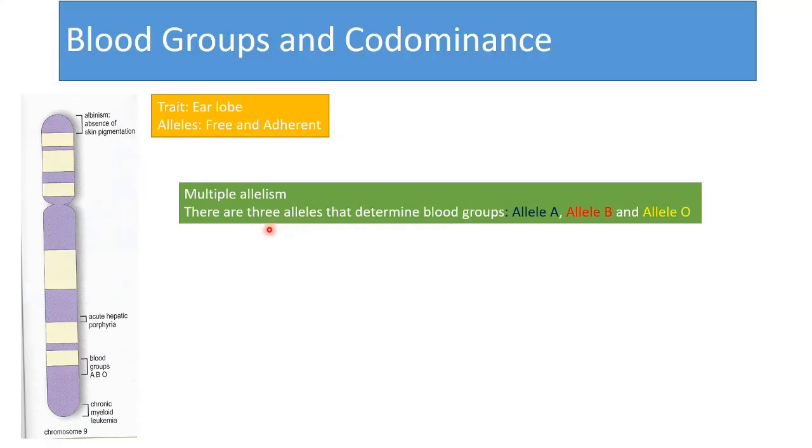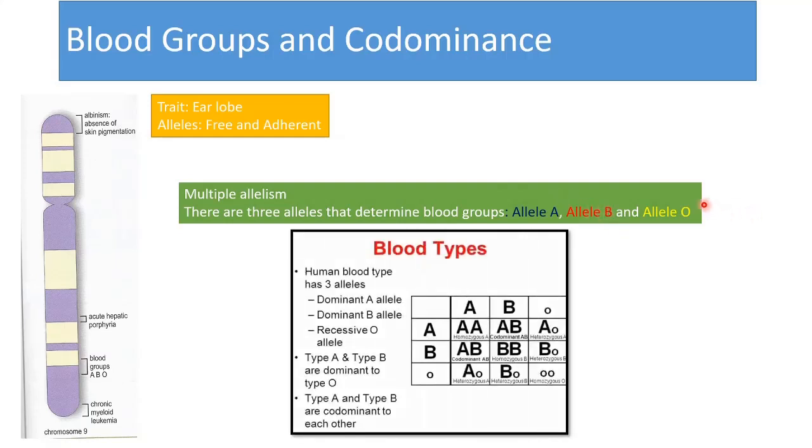For our example here, for blood group, there are 3 alleles, which are allele A, allele B, and allele O. Let us see how these 3 alleles work in nature. From these 3 alleles, we can determine 4 blood groups in humans.